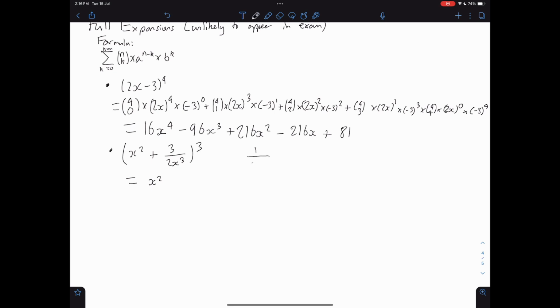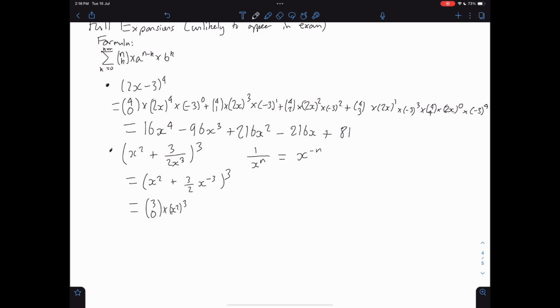If we use the exponent rule of 1 over x to the power of n is equal to x to the power of minus n, we'll get 3 over 2. Remember to split up the fraction. Do not make it 6x to the power of minus 3. Make sure you keep the 3 over 2. And we'll raise that to the power of 3. That just makes the algebra a bit easier, reduces your chance of making mistakes.